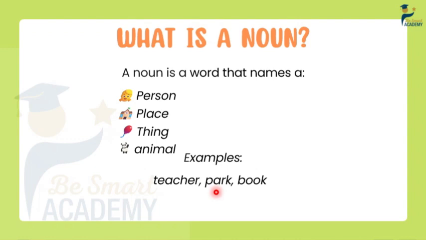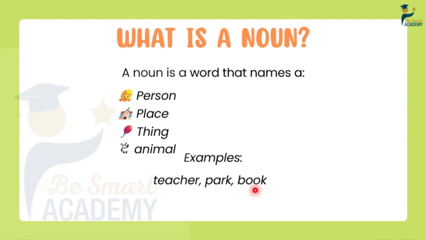Whereas if I took another example, which is the word park. Okay, so what is park? Is it an animal, thing, place, or a person? It is a place. And therefore, since park is a place, it is considered to be a noun. Very good. Now, moving to the final word, which is book. When I say book, do I consider the word book a noun?